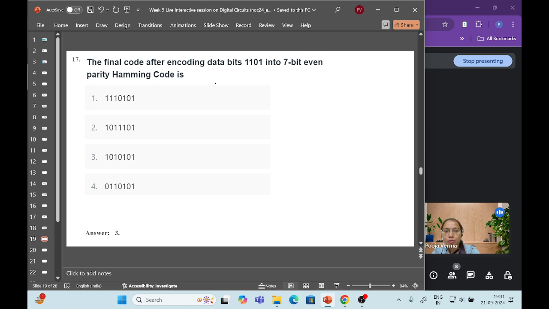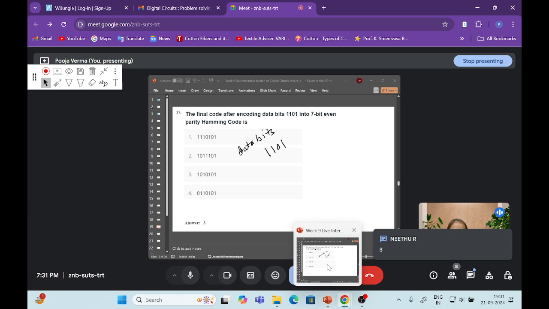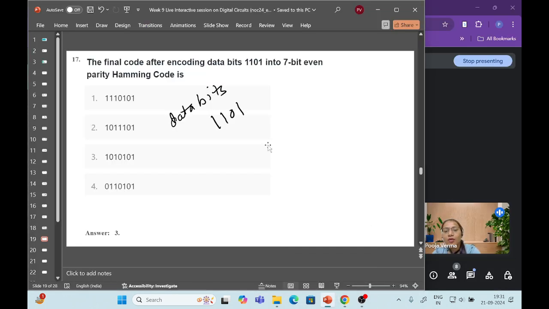So already we know how many parity bits we need to add. The data bits are 1101. So how many parity bits we need to add here? Yes, 3 parity bits. I already told you how we get that number: 2 to the power k minus 1 is greater than or equal to n plus k, where k is the parity bits and n is the data bits.